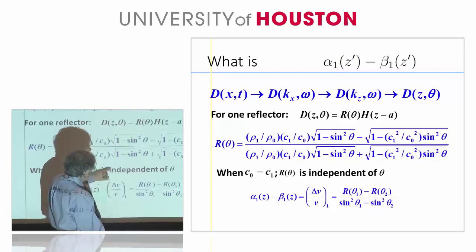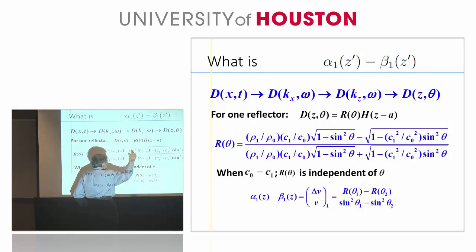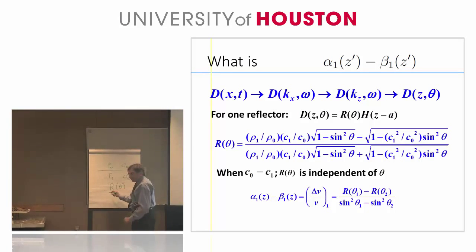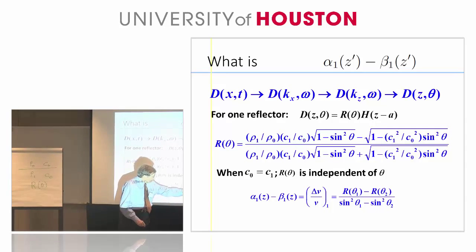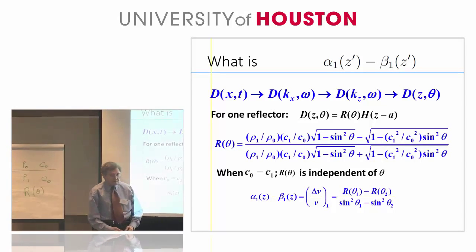That will be a 1, and you get a factoring of the square root of 1 minus sine squared from the numerator and denominator. Cancel. You see that? So if the velocity across here is the same, then R is independent of theta. If R is independent of theta, R of theta 1 is R of theta 2, and alpha 1 minus beta 1 is 0.